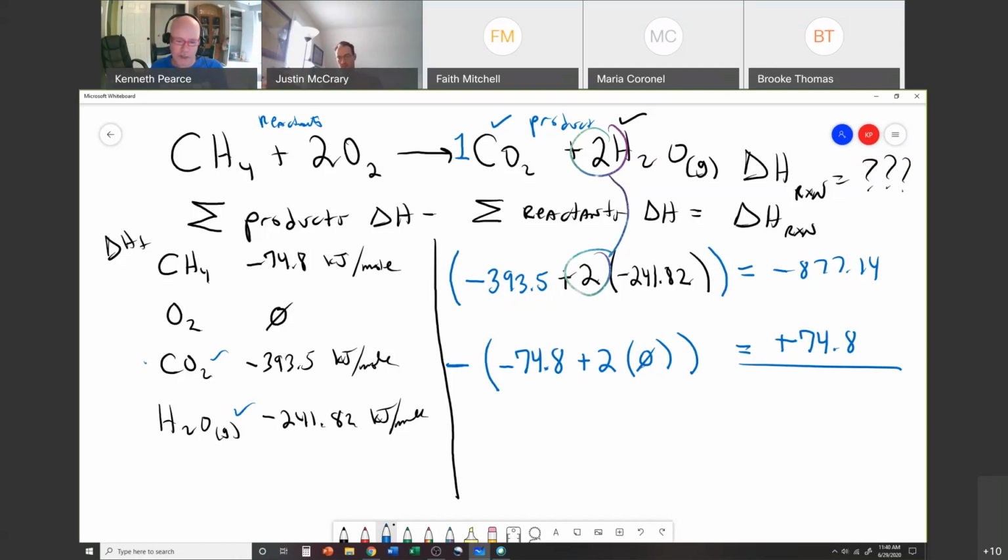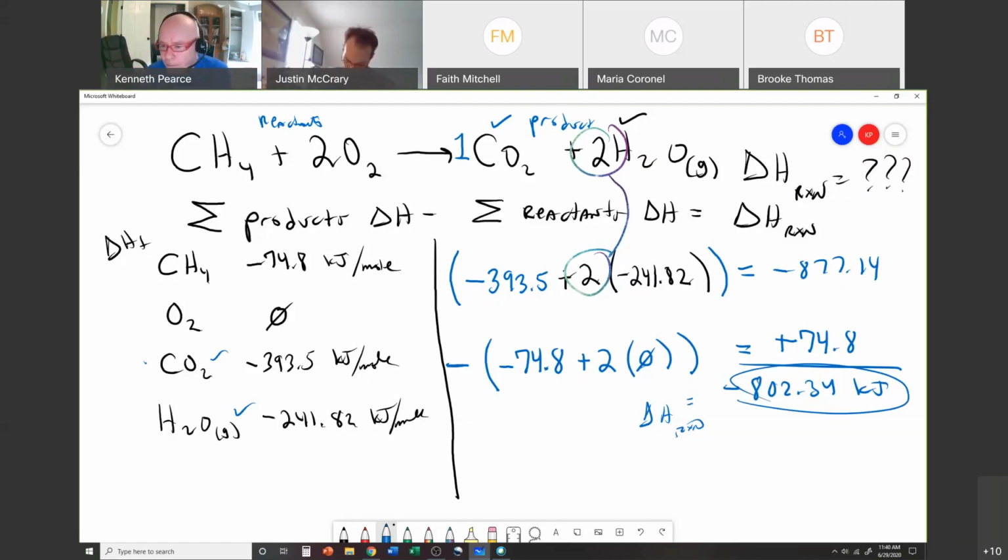And so we say 74.8, and then we will minus 877.14, and I get minus 802.34 kilojoules. And that's delta H of the reaction for the whole thing. Delta H of reaction for the combustion of methane calculated from delta H of formations is about minus 802 kilojoules.